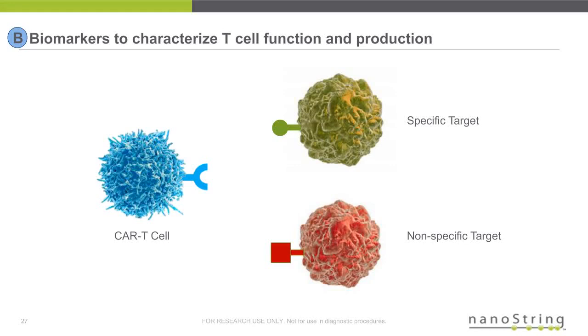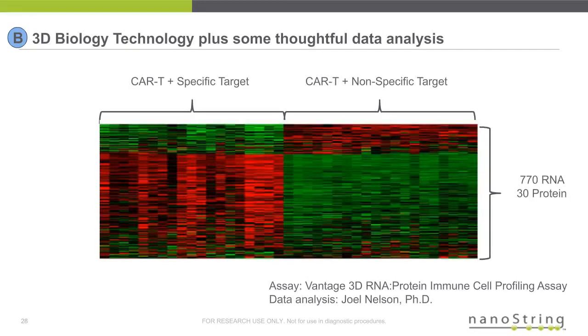So the way that these experiments were done was taking the CAR T cell and co-incubating the CAR T cell with a cell that either expresses the specific target for the CAR or a non-specific target. In this case, we hope with the specific target to see a strong cytotoxic activity of the CAR T cells, and then not with the non-specific target. And essentially that's what we see here.